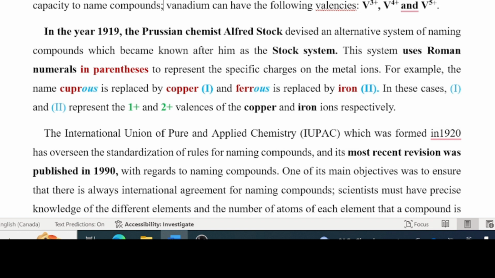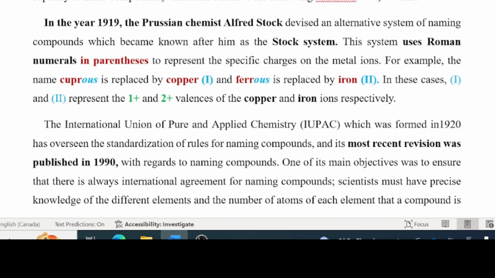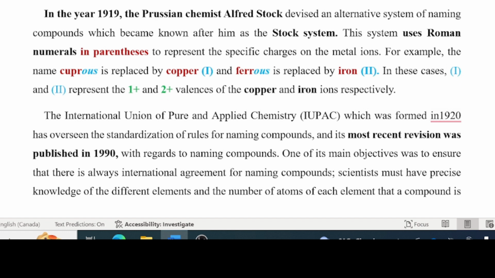This system uses Roman numerals in parentheses to represent the specific charges on the metal ions. For example, the name cuprous is replaced by copper(I) and ferrous is replaced by iron(II). In these cases, I and II represent the 1+ and 2+ valencies of the copper and iron, respectively.